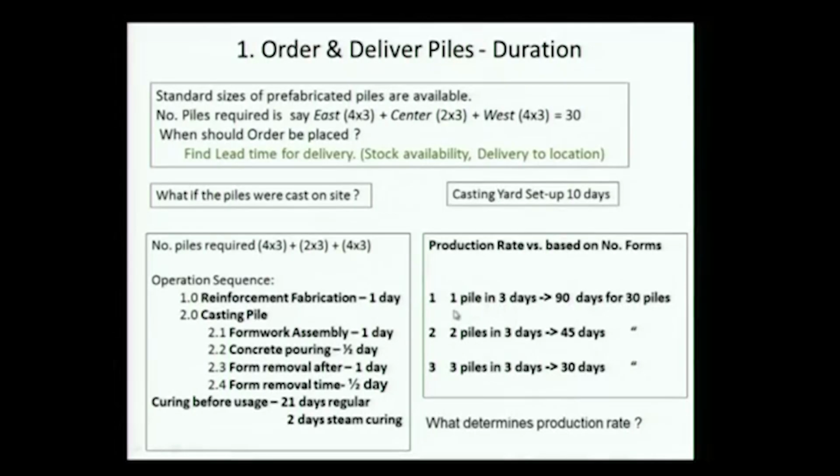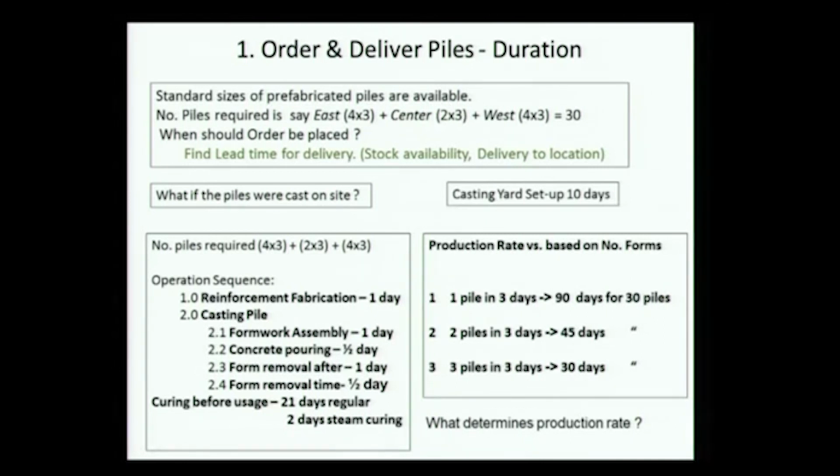Here, if you take a look, I have 1 day for reinforcement fabrication, formwork assembly and concrete pouring. So here you have 2.5 days. I remove the form after 1 day. So here 1, 2, 3, 4 days. After 4 days I can reuse the form.